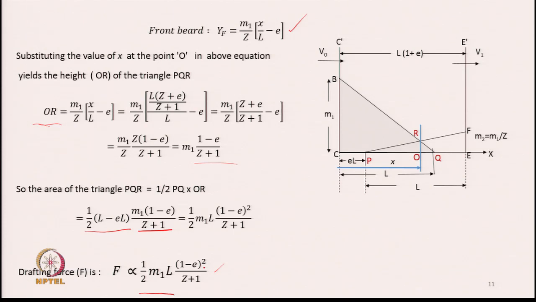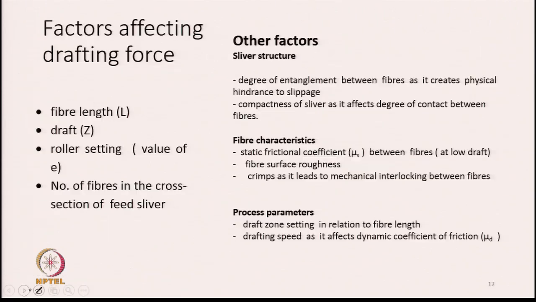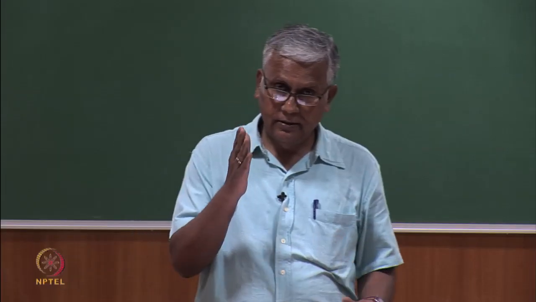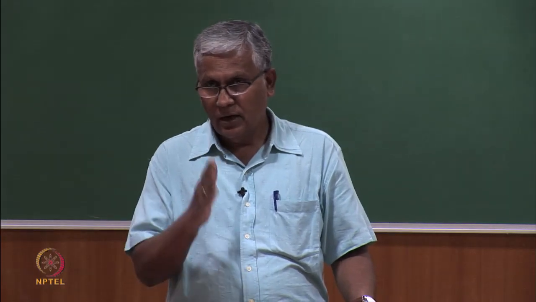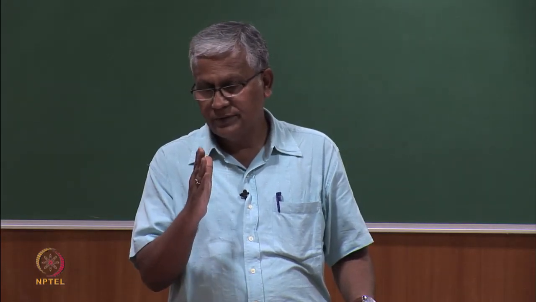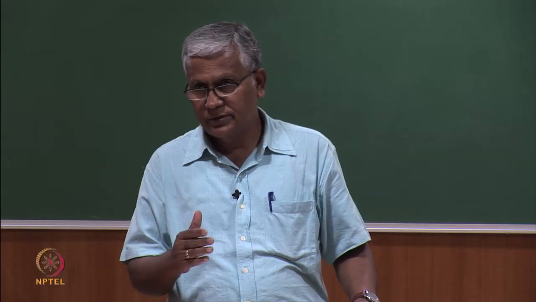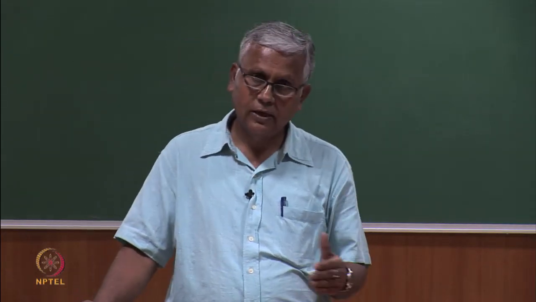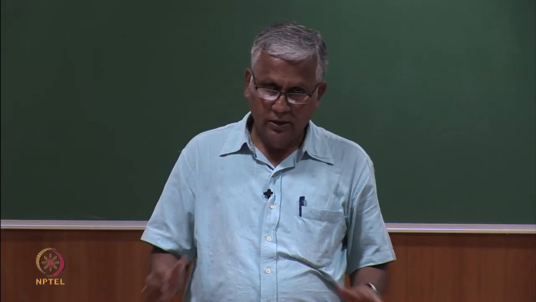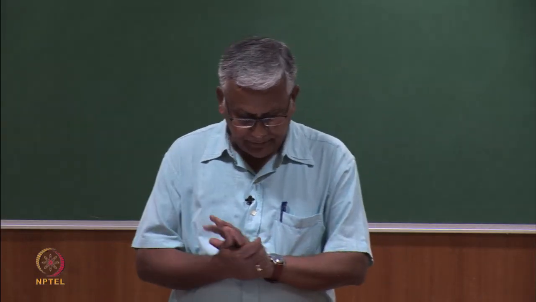If we increase Z, drafting force is going to go down, as we have seen earlier. This equation takes care of the part beyond the peak. After the peak value of drafting force, the drafting force keeps on declining with increase in draft, and this particular equation in a way represents that.